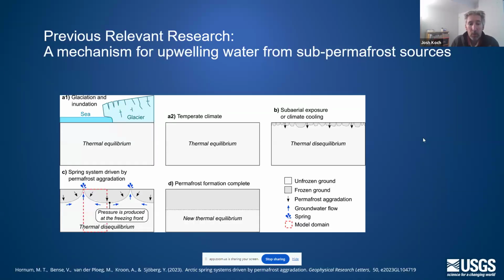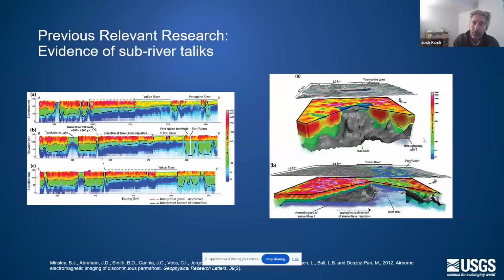There are some other recent work modeling these types of systems and thinking about how we can get water through this region of thick continuous permafrost in situations where we may be able to develop these taliks or these preferential pathways that stay thawed and allow for communication and hydrologic connectivity between our shallow and deep flow paths.